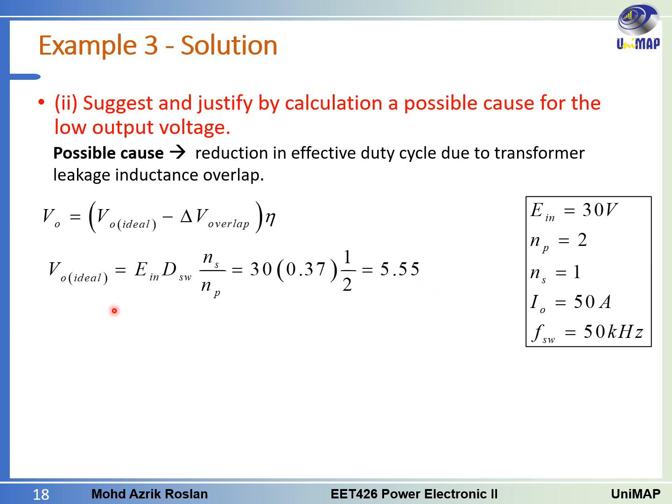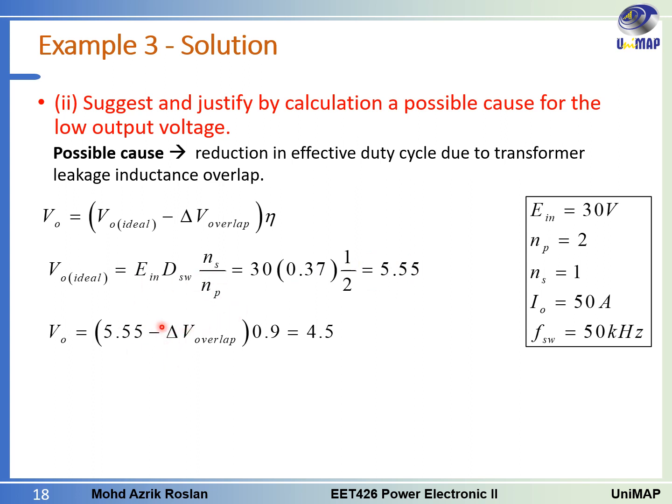Okay, so this is the ideal output voltage without the efficiency term, because we have to calculate this one. Remember we already adjusted the duty cycle to 0.37, so for the ideal output voltage we have to use 0.37, so we get 5.55.